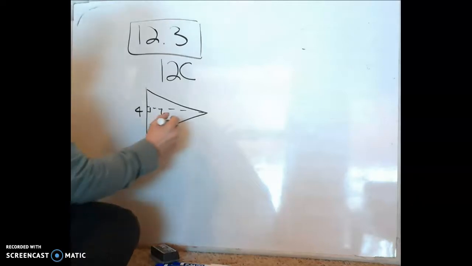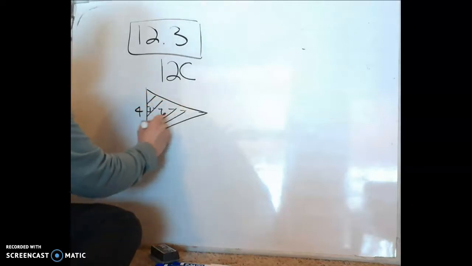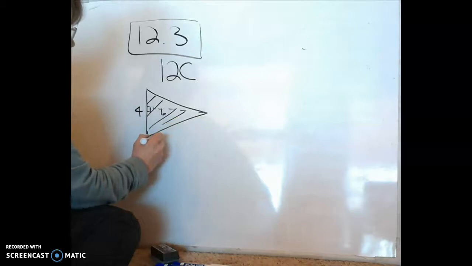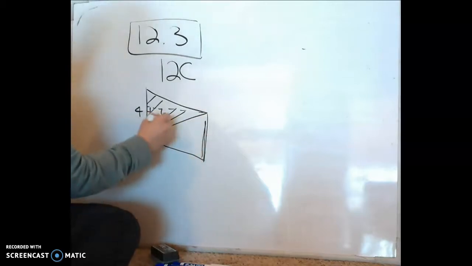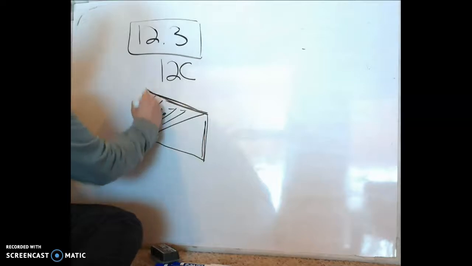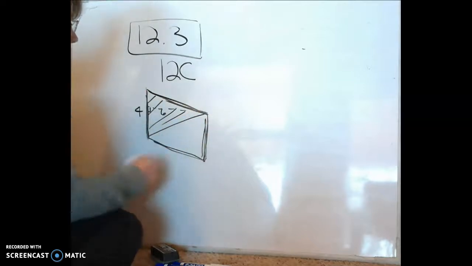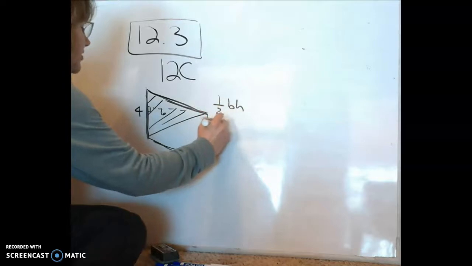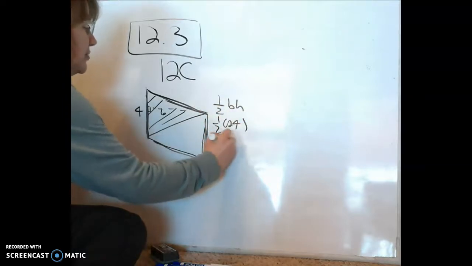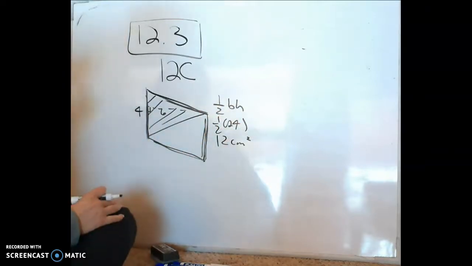So one thing we could do is double it. So if this is my shaded triangle, I could double it and fill it in right there. Again, I'm not very good at drawing, but I should get a parallelogram. So then I have half that parallelogram. So I get half of 24, which is 12 square centimeters. Okay, so that's one way.